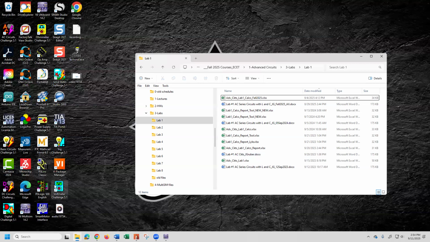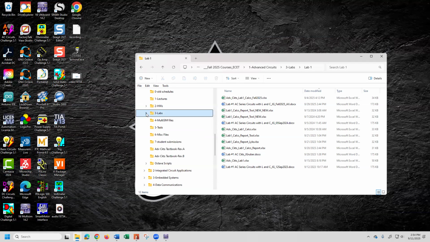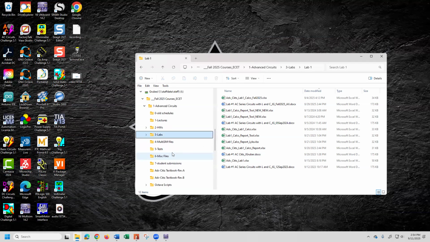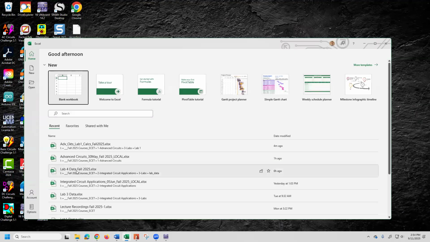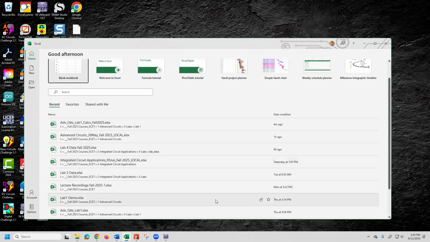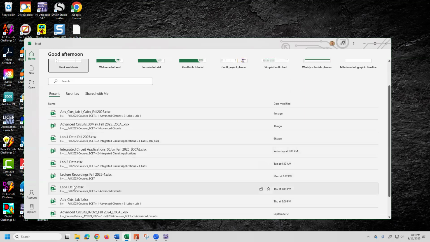Let me find it. Maybe it's in... Lab 4 data. No, that's not it. Lab 1 demo. So this was from last Thursday.